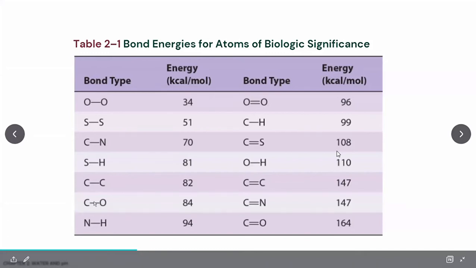A single bond carbon to oxygen is only 84, but carbon and oxygen double bonded, you have 164. So what does this mean? This means that in order to break this, you need more than 164 kilocalories of energy compared to carbon to nitrogen, which only requires 70 kilocalories per mole. Okay.